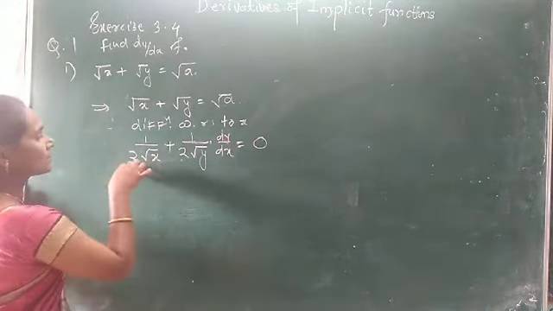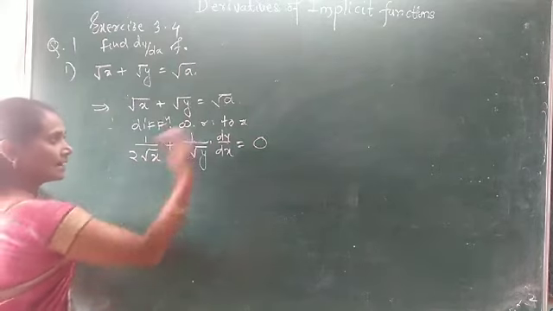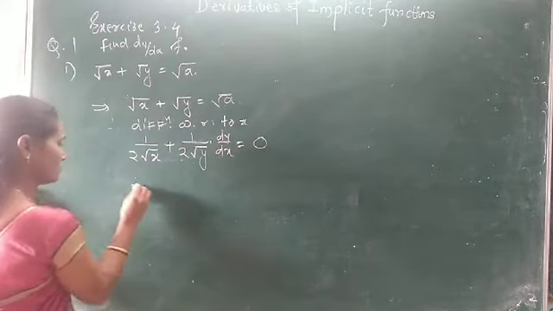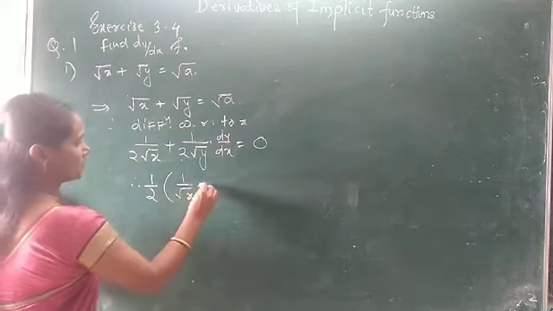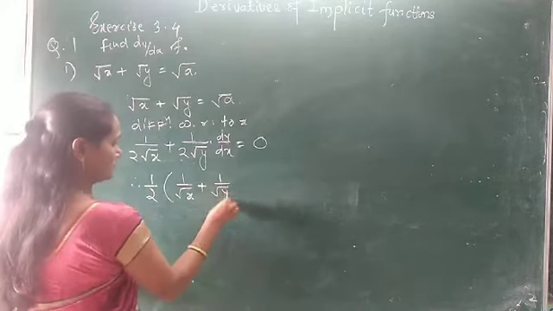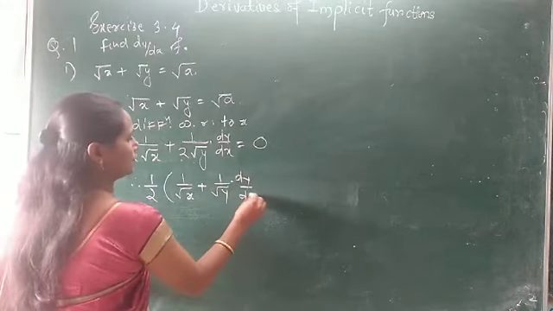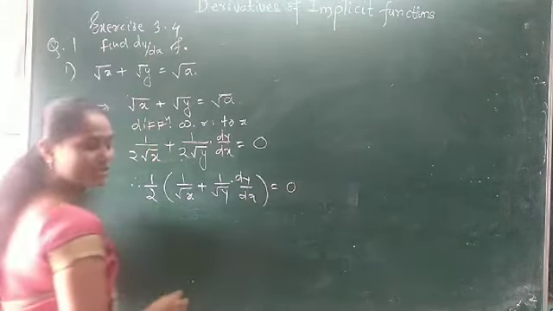Now if we take one half common on this side, on the other side it becomes 0. Then the remaining terms are 1 upon root x plus 1 upon root y into dy upon dx, which is equal to 0.